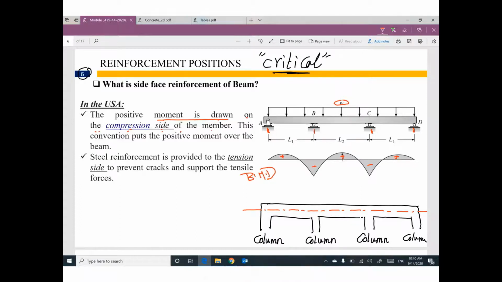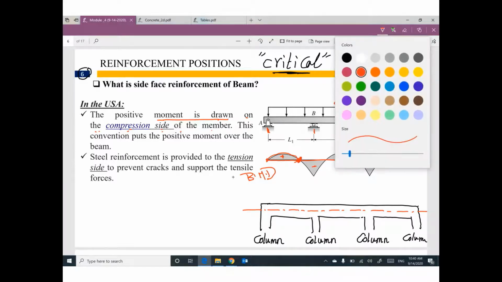So at this part, your bending moment is drawn above or below the member. I think this moment is drawn above. So the compression side will be above.